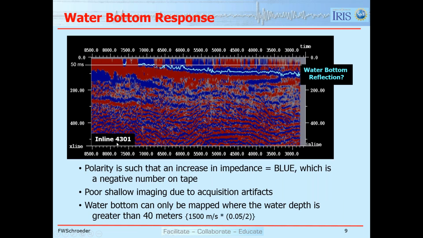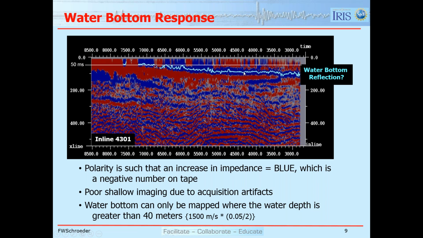Here is inline 4301. It's a north-south line, and I believe this is to the north, and on the right is to the south. The aqua color line that's kind of jittery through there is what has been interpreted to be the water bottom reflection. When the water gets really shallow, we can't follow it.